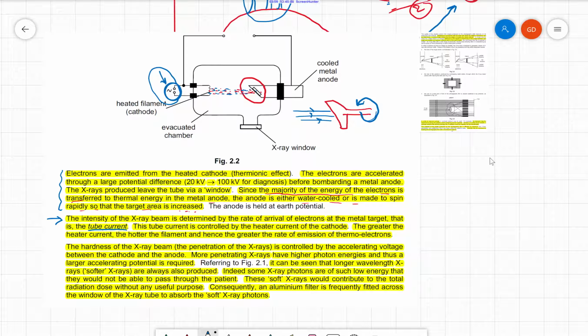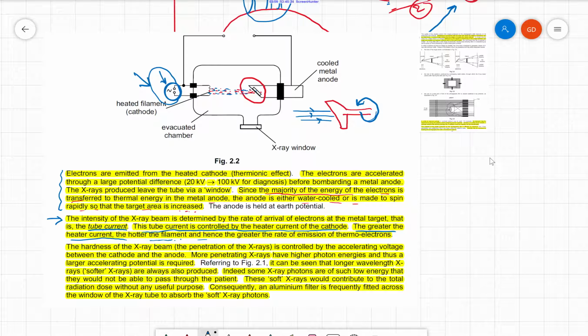So this tube current is controlled by the heater current of the cathode, which is this one. The greater the heater current, the hotter the filament, and therefore more electrons will be emitted. More electrons will be captured by the metal anode, or the target.